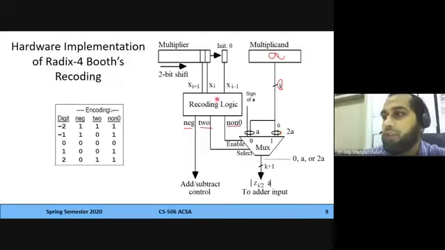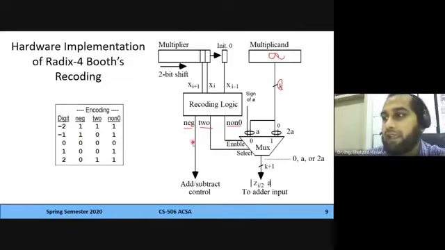But this -1 cannot be stored in binary form, so you store it in control signal form, where you generate different control signals for these symbols. So -1 means you have a 1 here, a 0 here, and 1 here, right? This is what we have decoded here.